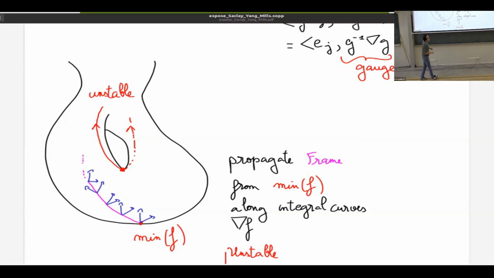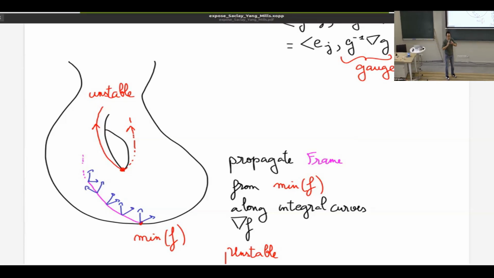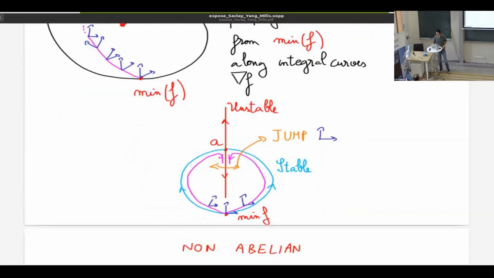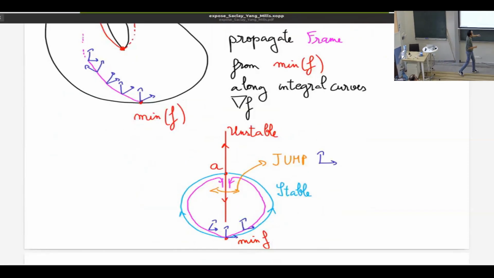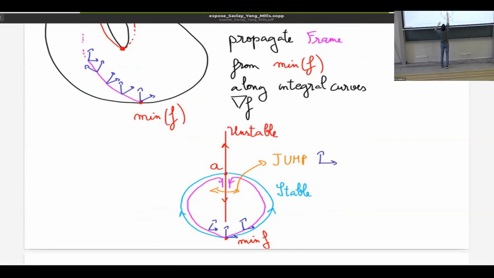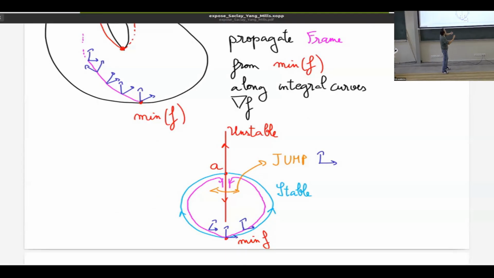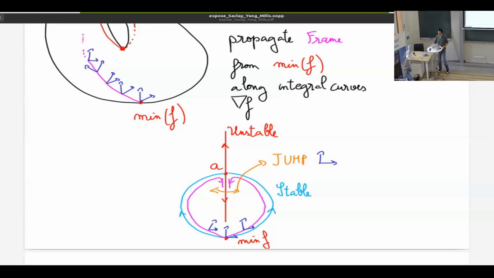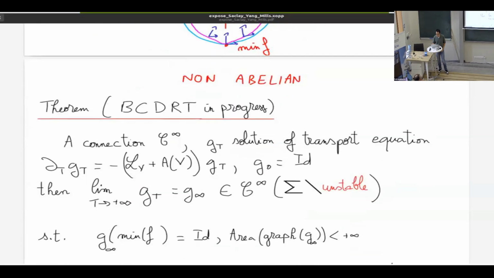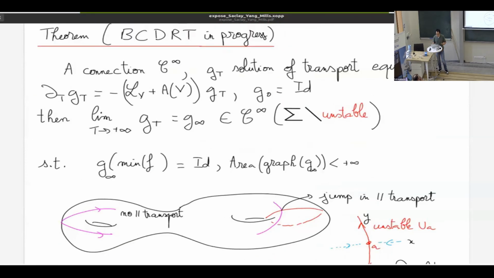And then when you consider the connection in this new frame, parallel transported from the minimum, you will see that, in fact, your frame, here I try to make a picture, develops discontinuities along the unstable curve. Your frame will jump when you cross an unstable curve, and this jump in the moving frame is responsible for the fact that your new connection in this moving frame will develop certain singularities along the unstable curves. So here is a theorem that we prove.